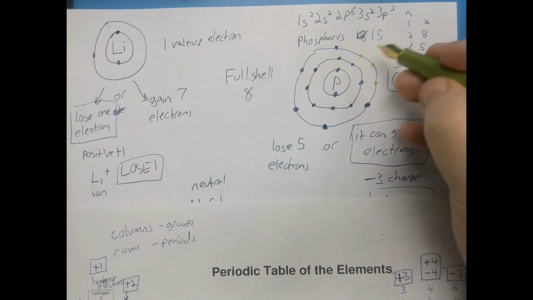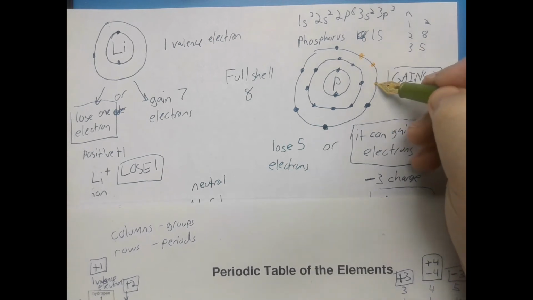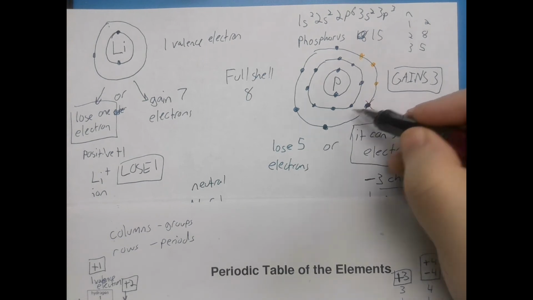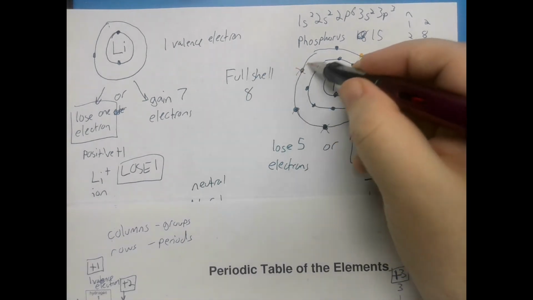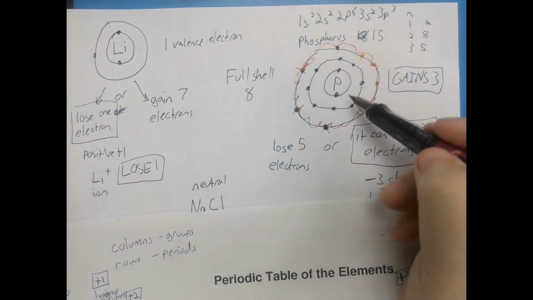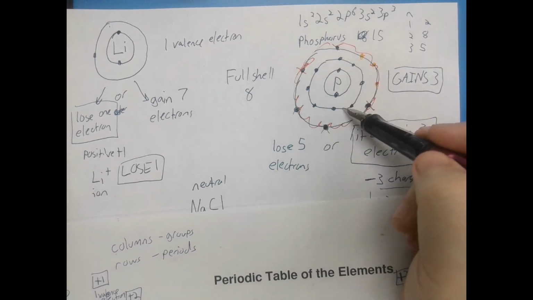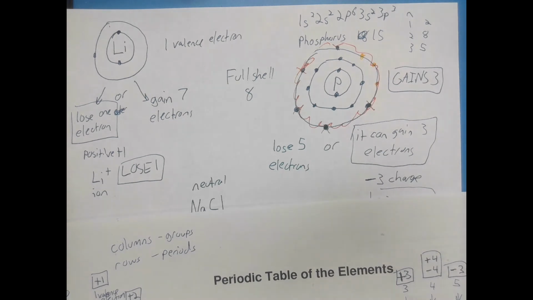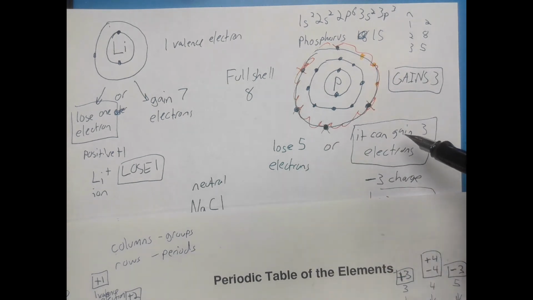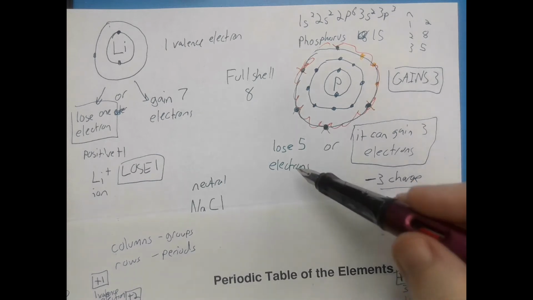I can add 3 and have it full, or I can remove these and have a full shell now. So this would be the current shell. Whichever number is less is correct, because it is easier to gain 3 than to lose 5.